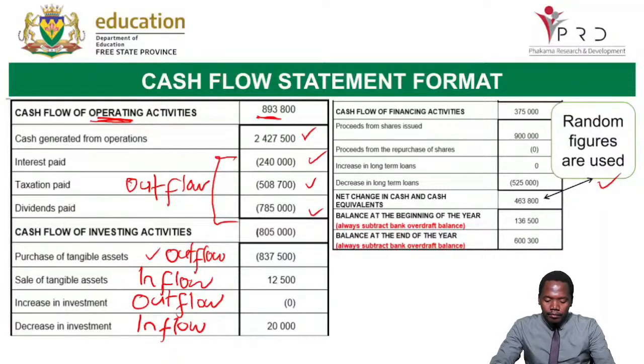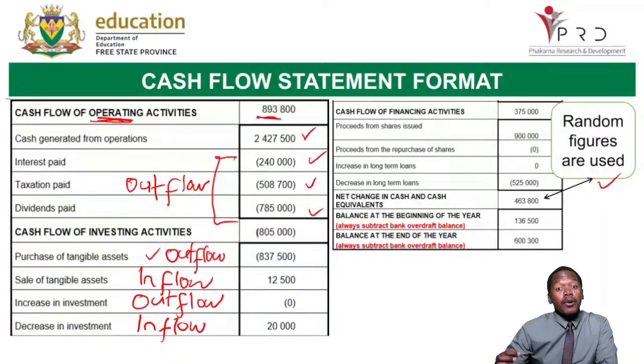Right. Now let us look at the financing activities. There are 3 or 4 things happening under the financing activities. Now, the first one will be us selling shares. When we sell shares, that amount, additional shares sold, becomes our proceeds from shares issued.